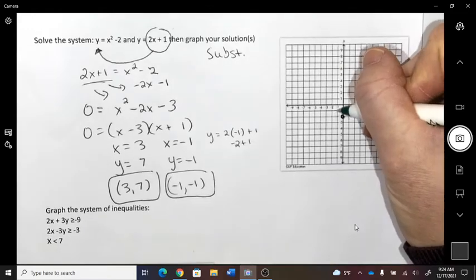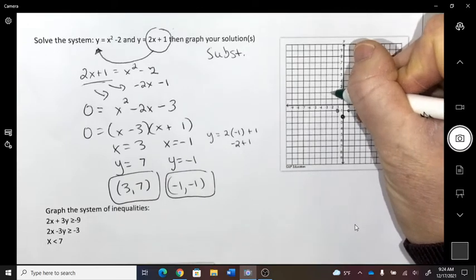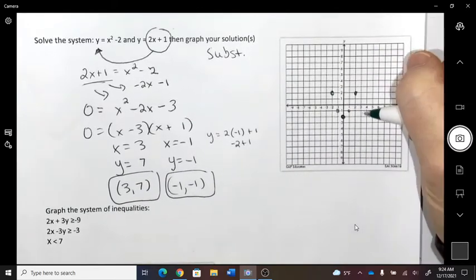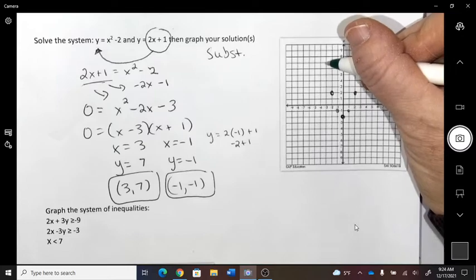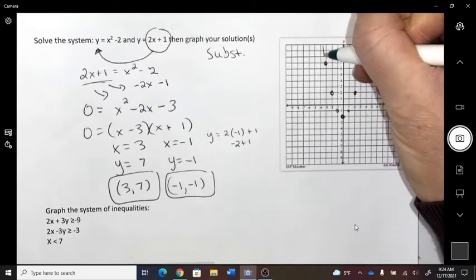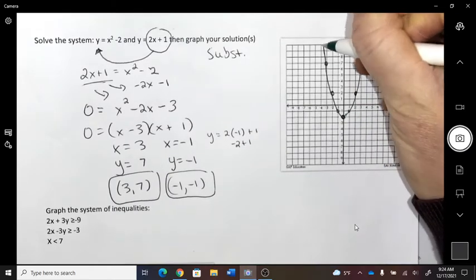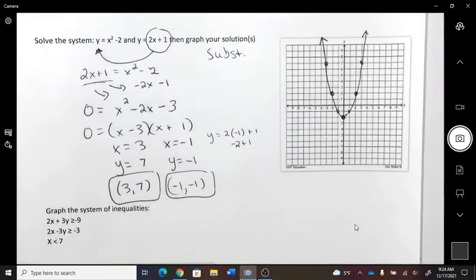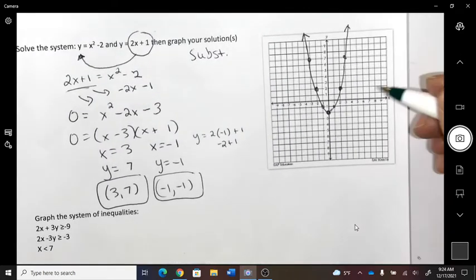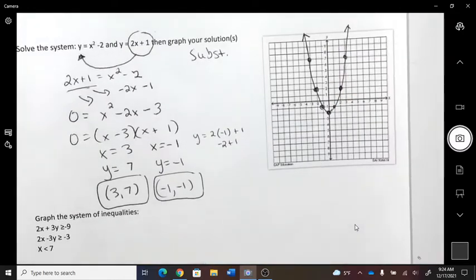Okay? 1, 1, 2, 4, 3, 9. So make sure you got all your points nicely dotted so you can see them.